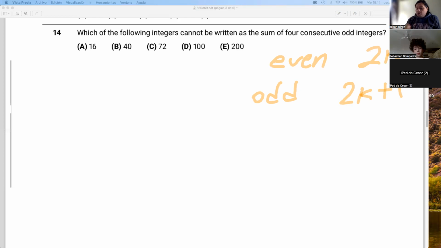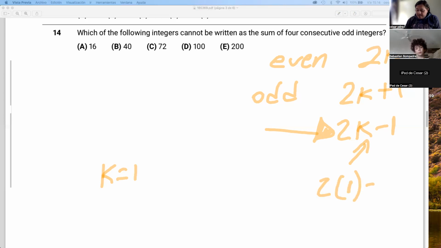But usually, we will write it 2k minus 1, because if we use this, when k equals 1, we will get the number 1. That is the first positive odd number, okay?